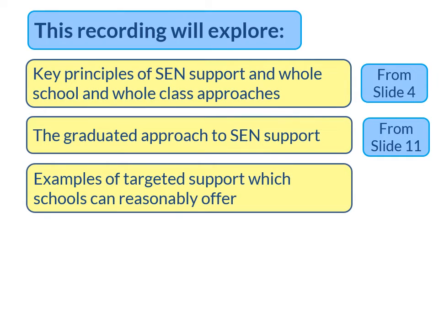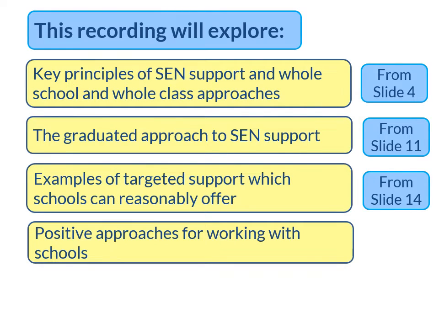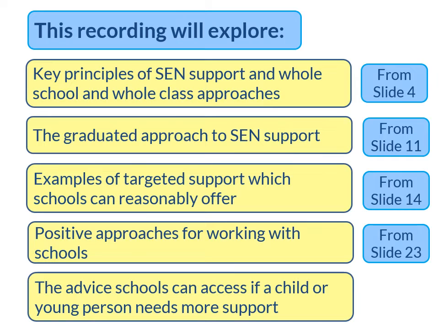We're going to look at some examples of targeted support which schools can reasonably offer for pupils with communication and interaction needs from slide 14. We'll discuss positive approaches for working with schools from slide 23. And we'll explore the advice schools can access if a child or young person needs more support from slide 32.